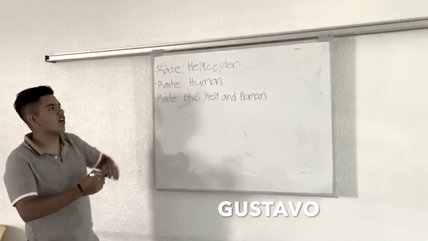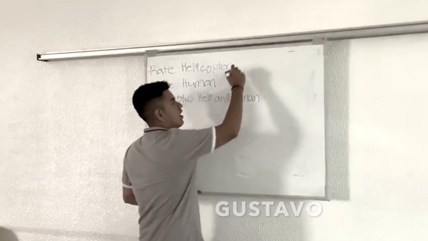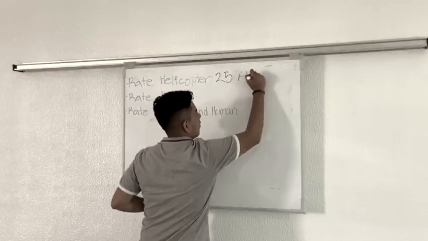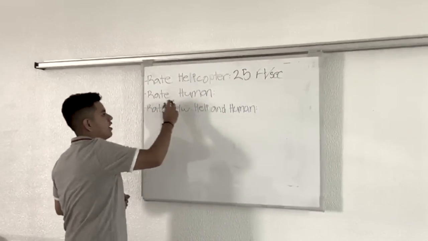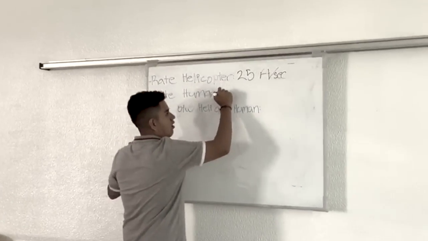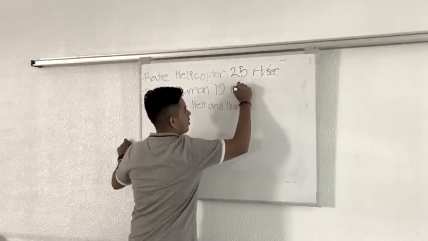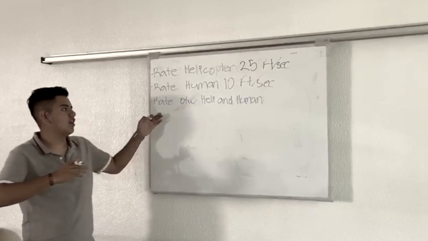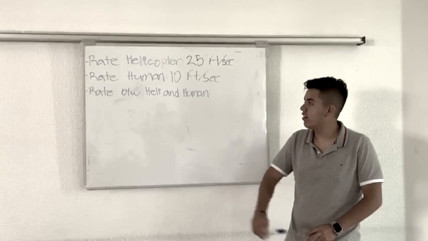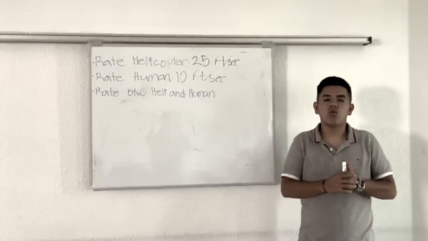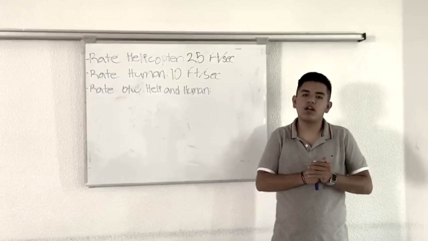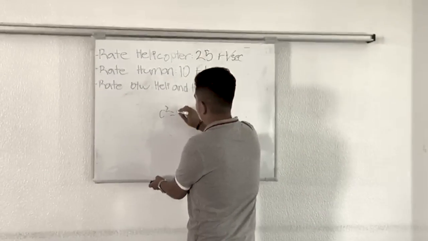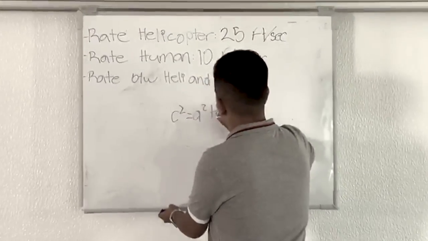The rate of the helicopter is 25 feet per second. Then the rate of the human is 10 feet per second. But we need to find the rate between the helicopter and the human. To find it, we need to use the formula of Pythagoras, which is c squared equals a squared plus b squared.